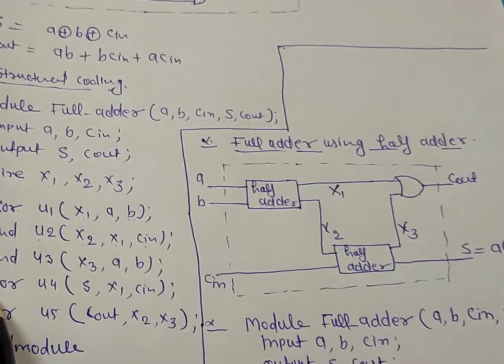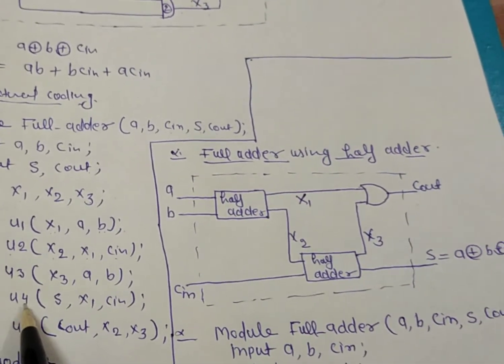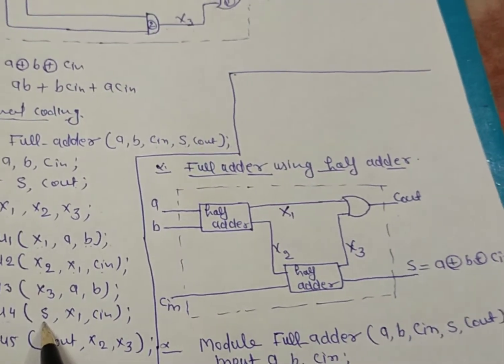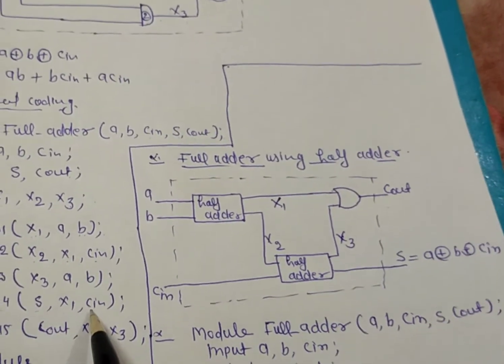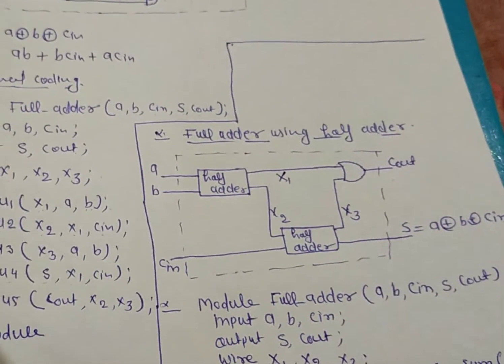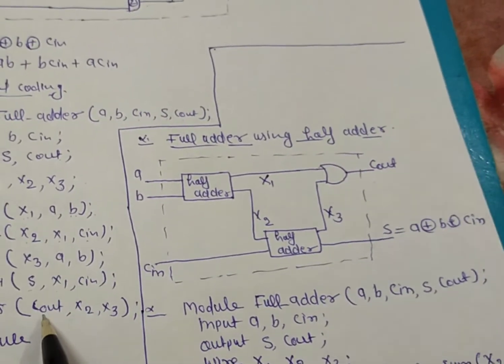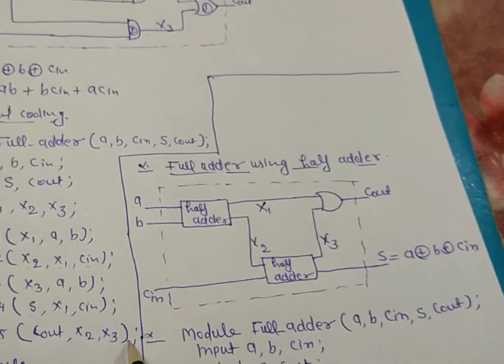Then write the second XOR gate, U4, any random variable. The output of the second XOR gate is S, and the input is X1 and C in, then semicolon. Last, write the OR U5, output C out comma input X2 comma X3, and then semicolon.